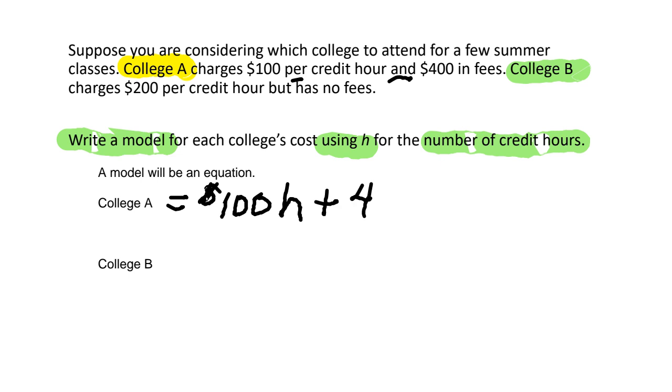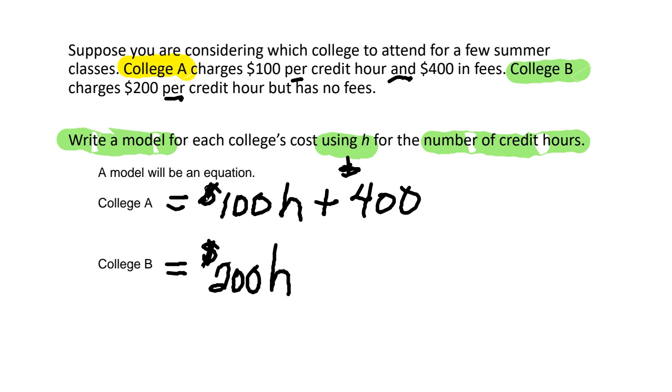That is my equation for college A. Now college B is saying $200, and notice the word per, that means multiply, but no fees. This is our model. College A is equal to 100H plus 400.